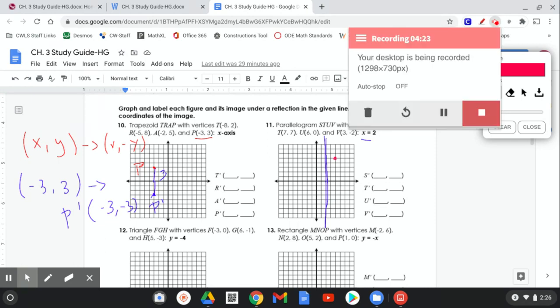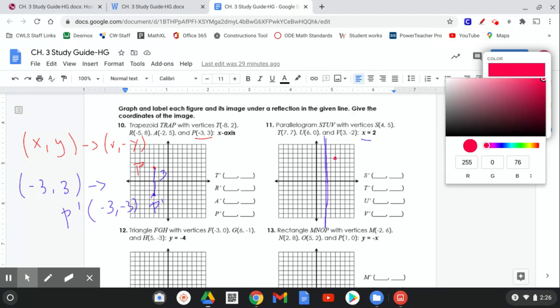Guys, you just got to count the distance. So if we're counting here, it is going to be 2 units away. So all we're doing is shifting 2 units in the other direction, finding the coordinate of that. So this is, again, S prime, and that is going to be at 0, 5.